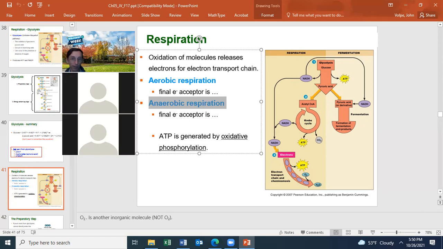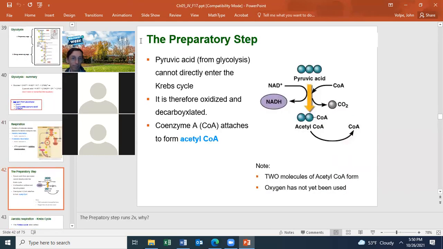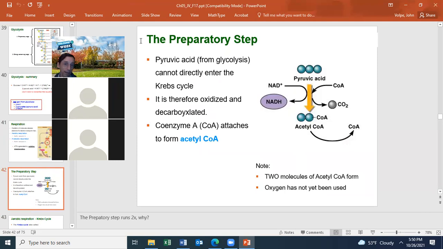Let's talk about aerobic respiration in greater detail. The pyruvic acid comes from glycolysis, but pyruvic acid cannot directly enter the Krebs cycle. It's therefore oxidized and decarboxylated, and pyruvic acid is converted into acetyl coenzyme A. The pyruvic acid is a 3-carbon molecule. Acetyl coenzyme A is a 2-carbon molecule.